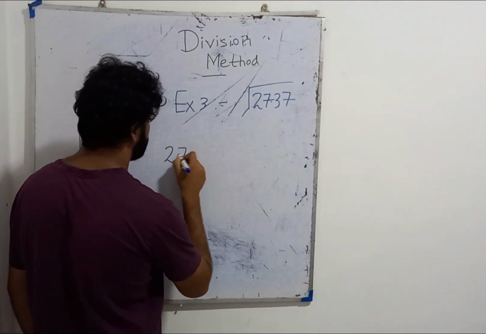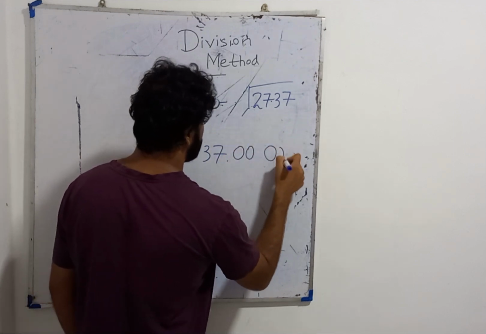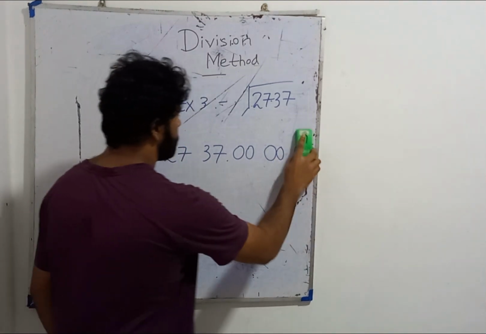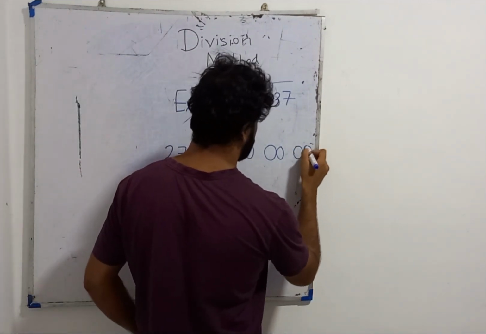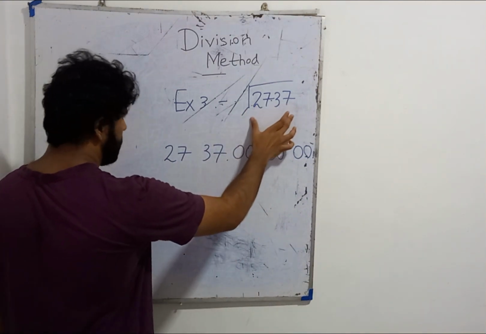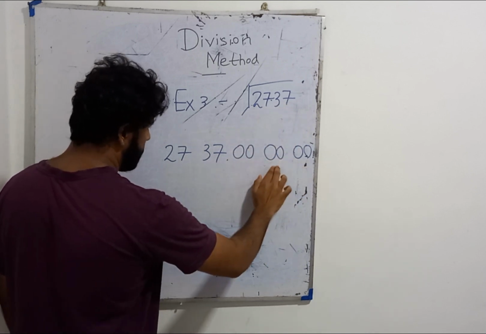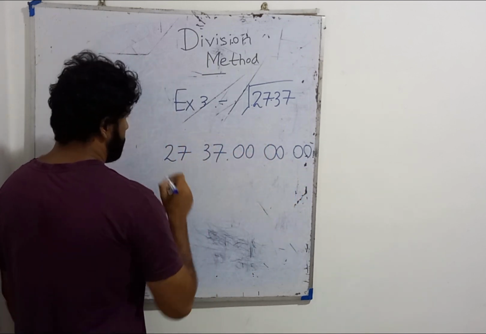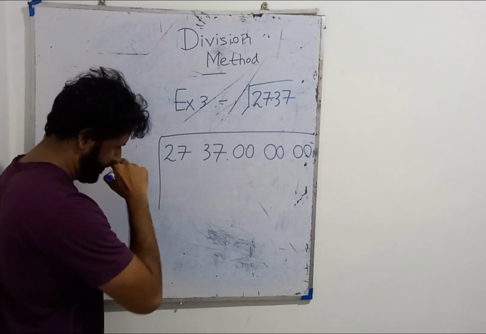Then 2737.000. You have to take the value from 3 decimal places, okay. Then you have to write it like this. Then apply the division method.